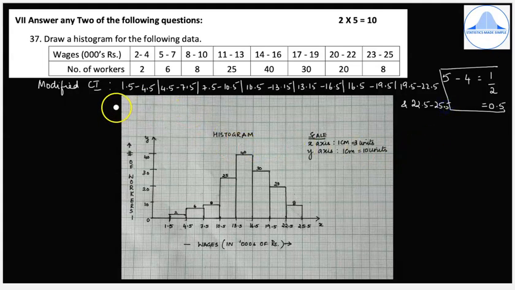So now to draw the histogram, we take the modified class intervals on the x-axis.